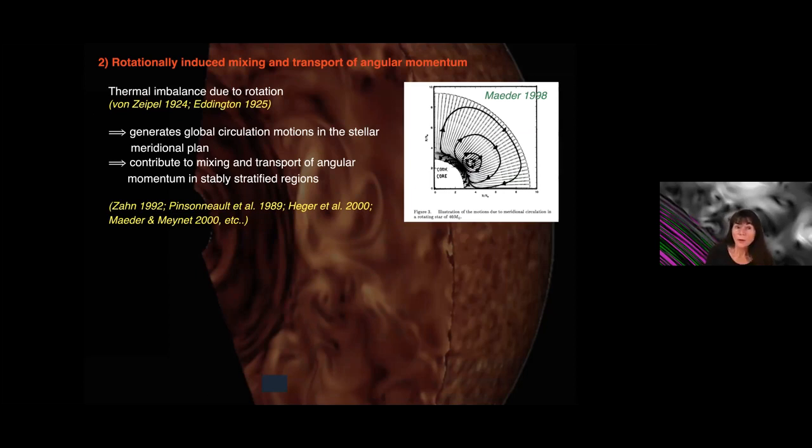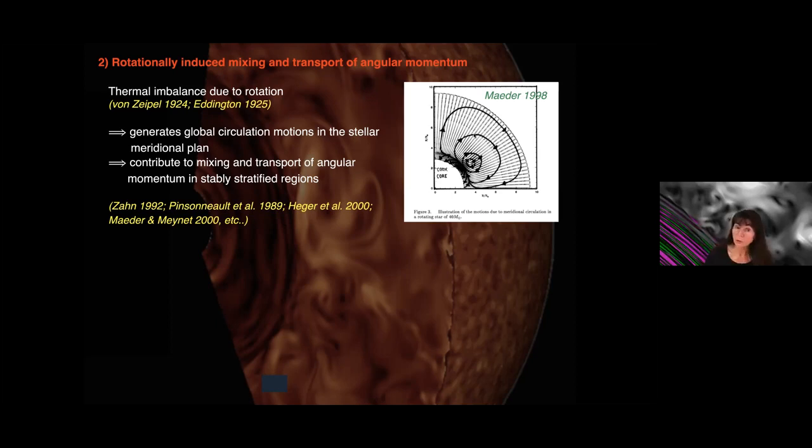We also have what we call rotationally induced mixing and transport of angular momentum, because when you have rotation there is a thermal imbalance which generates a large-scale meridional circulation, as we can see on this schematic drawing of Maeder 98.